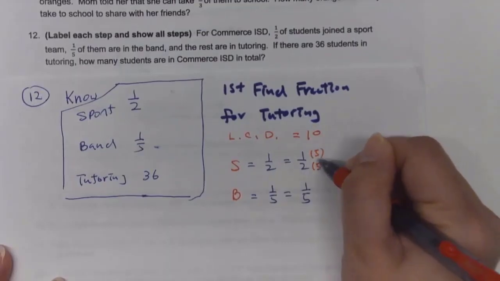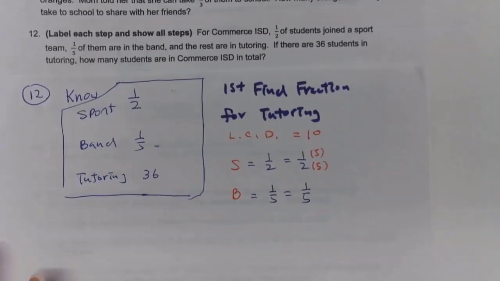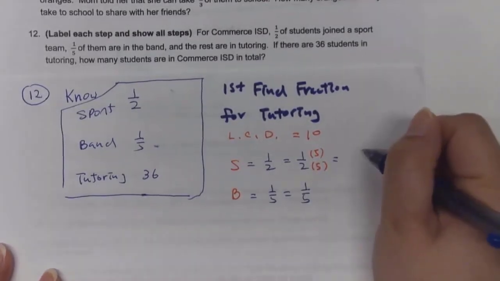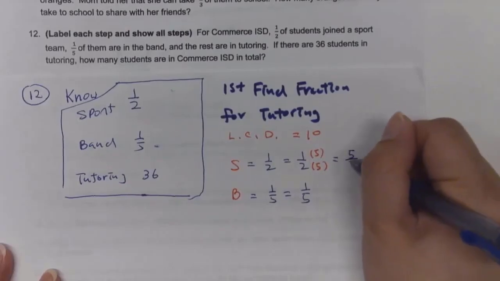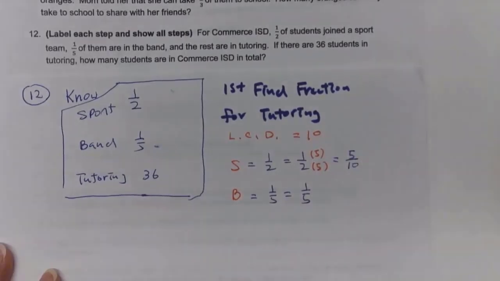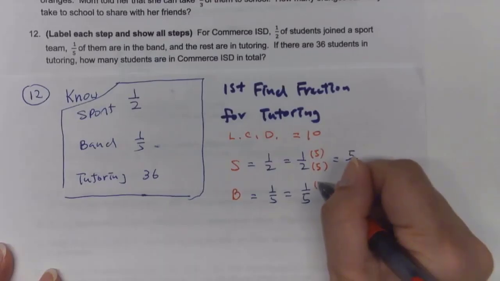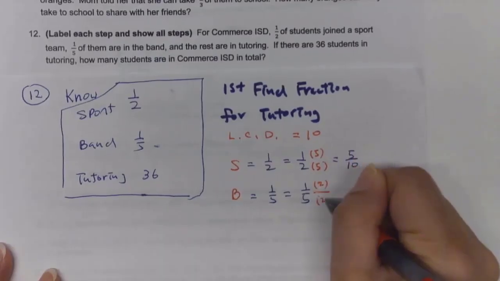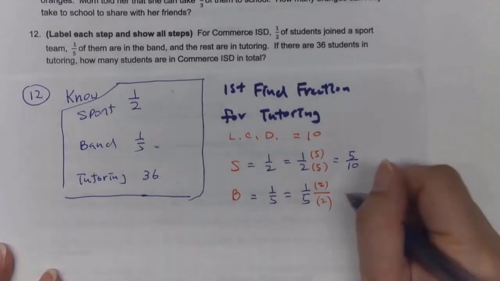This is a legal step because if we cancel, that's kind of like a 1, right? And then that will give me what? 5 out of 10. And the second one, both top and bottom need to be multiplied by 2. So this fraction is going to be 2 over 10.